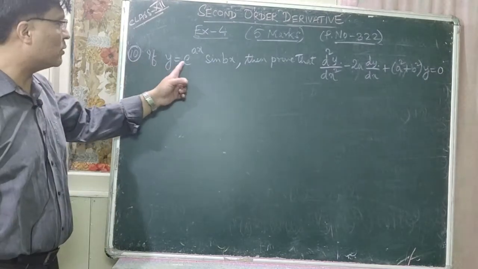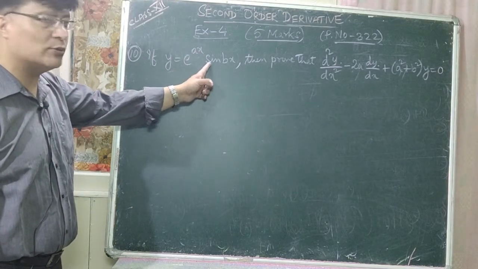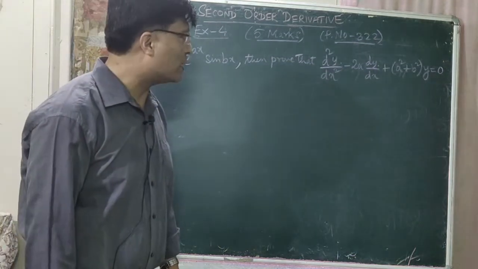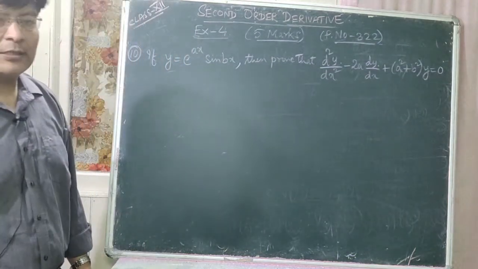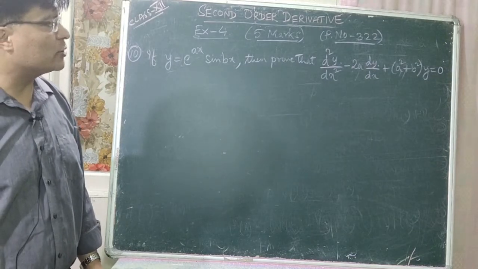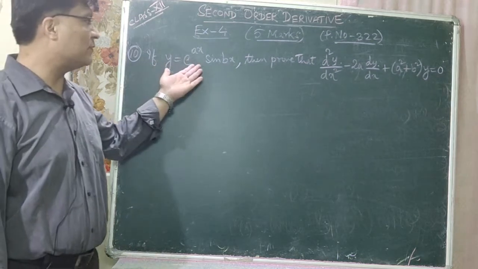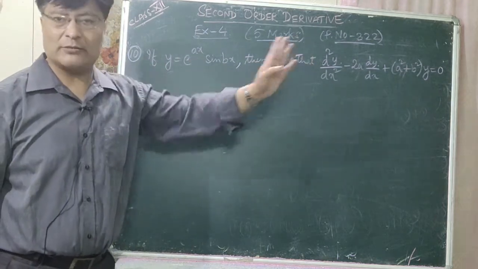If y is equal to e to the power ax into sine bx, then you have to prove that d2y by dx square minus 2a dy by dx plus within bracket a square plus b square bracket close into y is equal to 0. So from this given you have to prove this required relation.